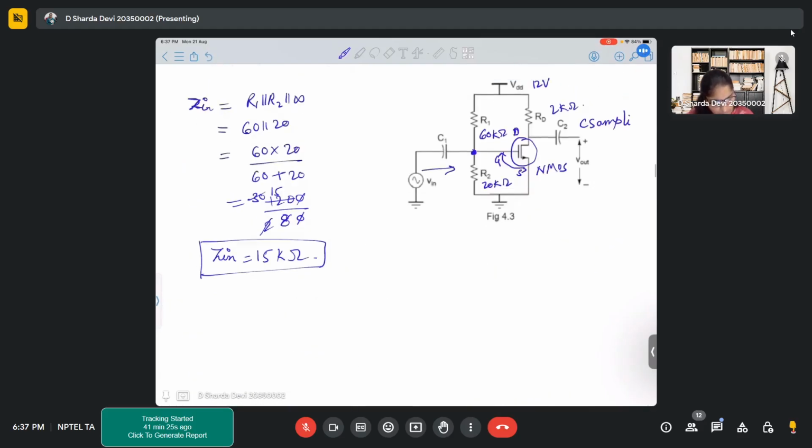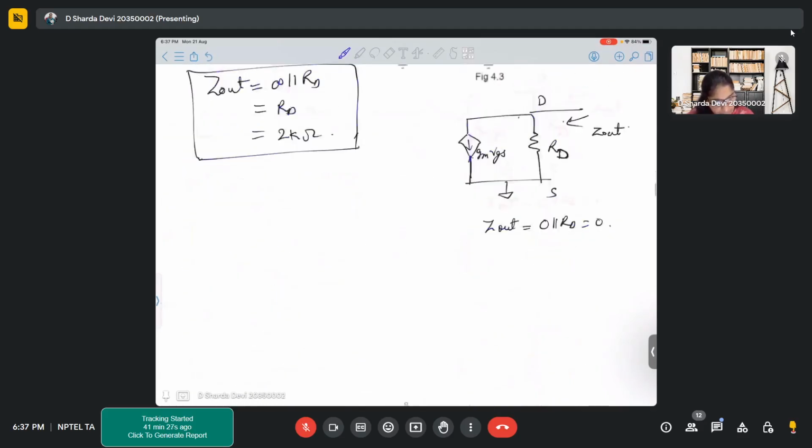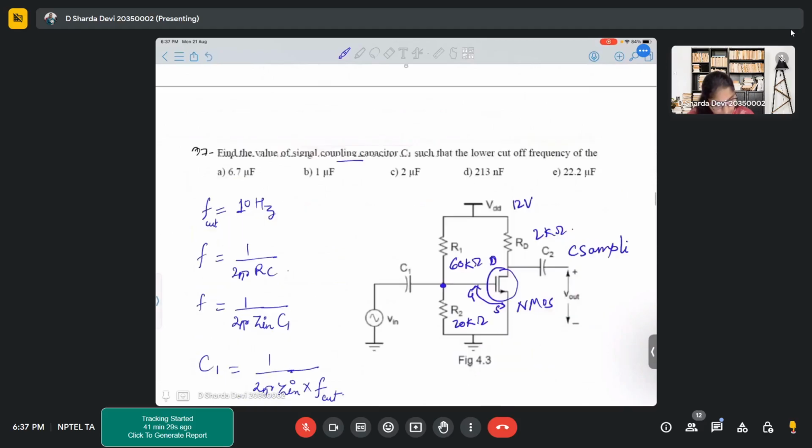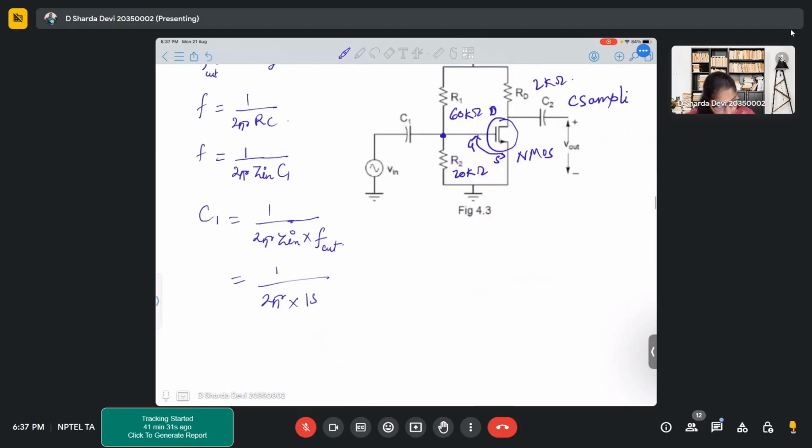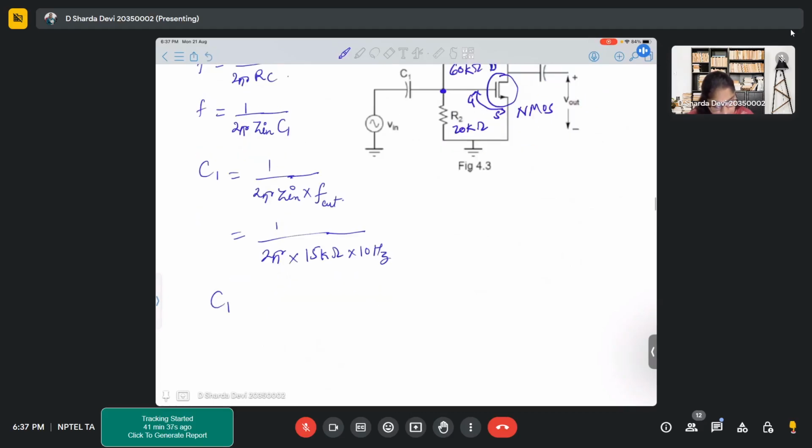How much was Zn? 15 kilo. 15 kilo into 10 hertz. So what is the value of C1 that you are getting? Let me know with the units as well, okay?